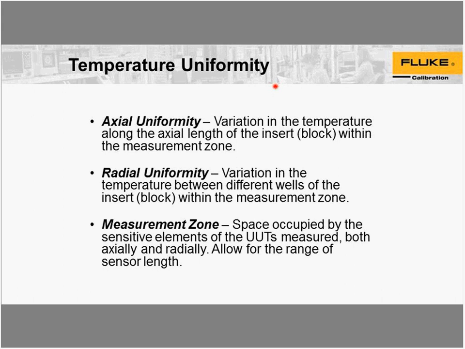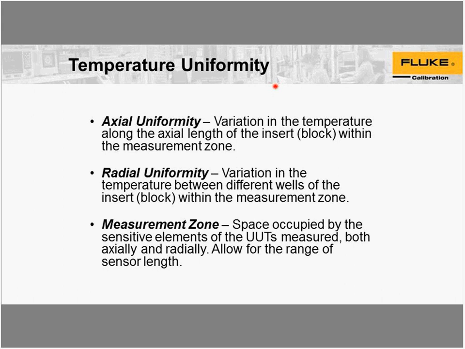Now radial uniformity is done in a similar fashion, but we're working here from well to well. Typically in a dry well calibrator, you have multiple wells. For our purposes here, we're going to assume that there are several wells all of the same size, so that when we go from well to well, the fit with the probe that we're going to use is the same.